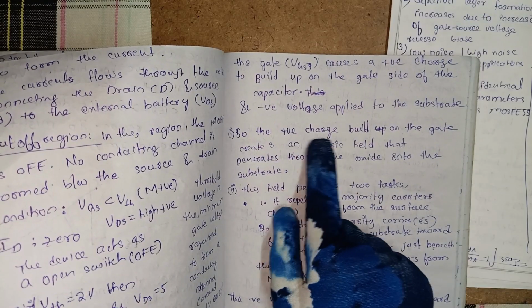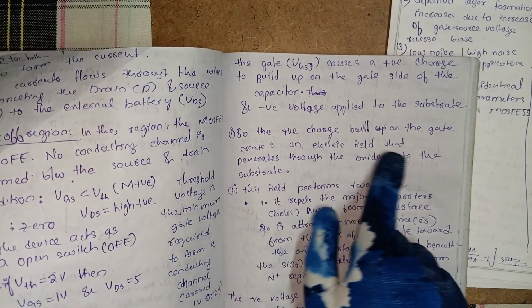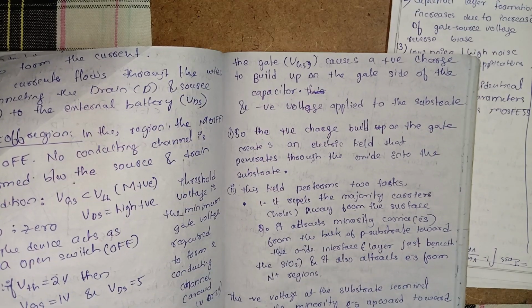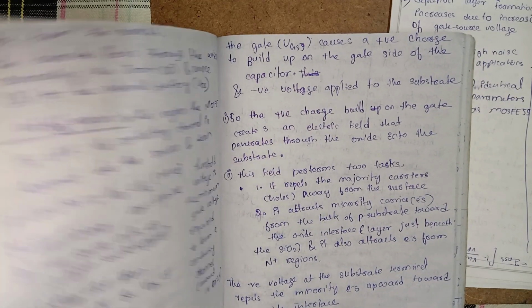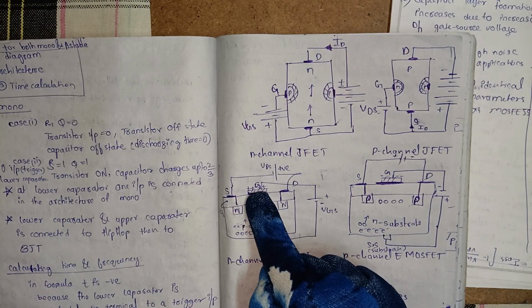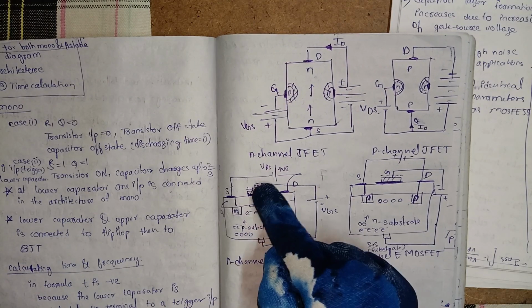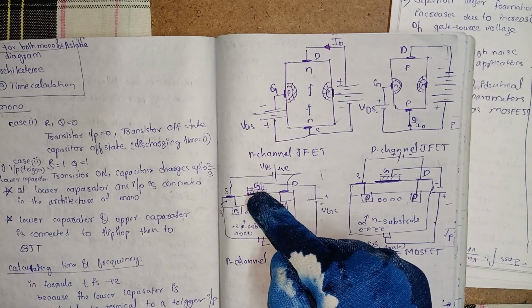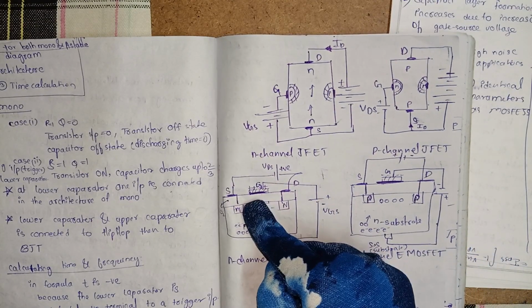And so the positive charge built up on the gate creates an electric field that penetrates through the oxide into the substrate.